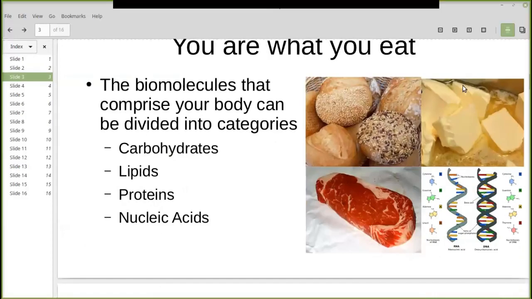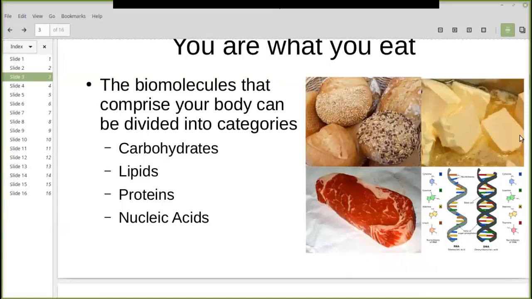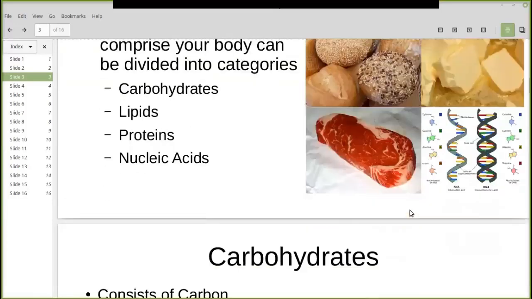So yeah, you run across each of these biomolecules in your everyday life. Bread itself isn't a carbohydrate, but it has a lot of carbohydrates in it. Butter, of course, stands for lipids. Then you have protein from your steak, and then you have the helix molecule, which forms DNA. Everybody's seen that, right? So it impacts you in everyday life. It's present everywhere.